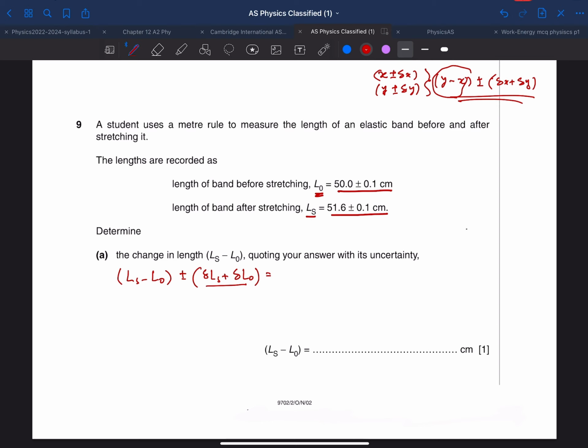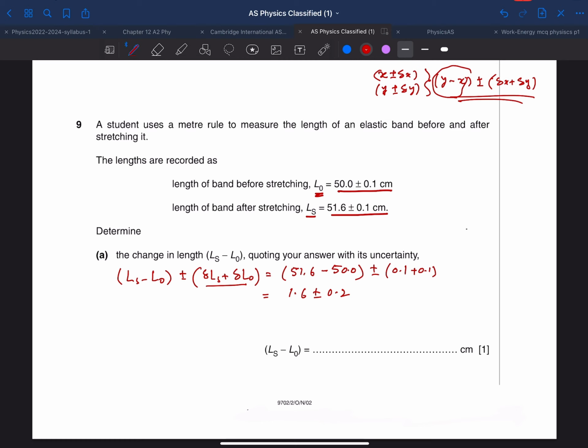As far as the values are concerned, here you have 51.6 minus 50.0, and for the absolute uncertainty you have to add their absolute uncertainties. So very simple thing, and here you have 1.6, plus minus 0.2.